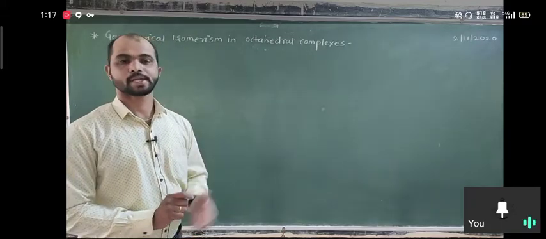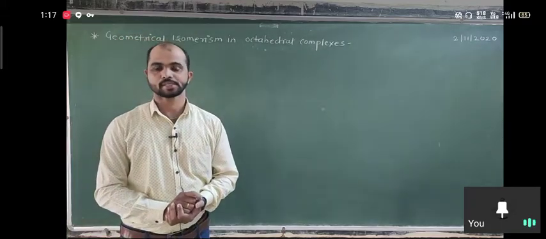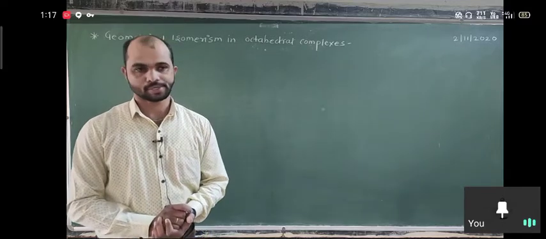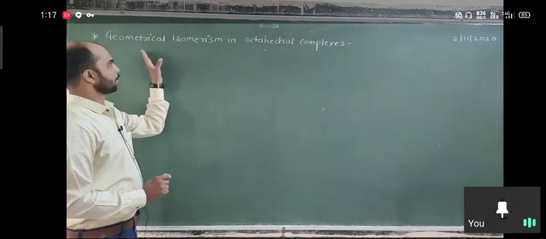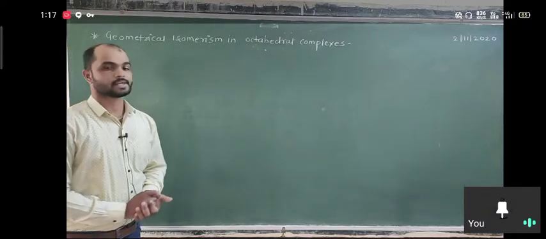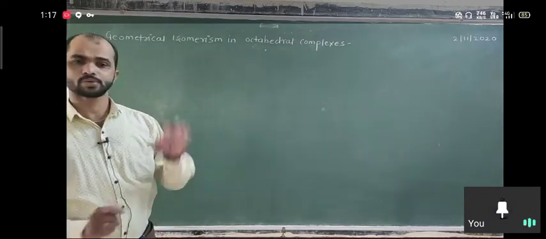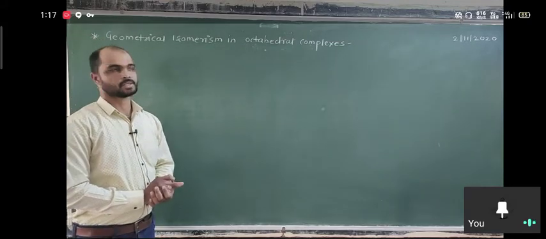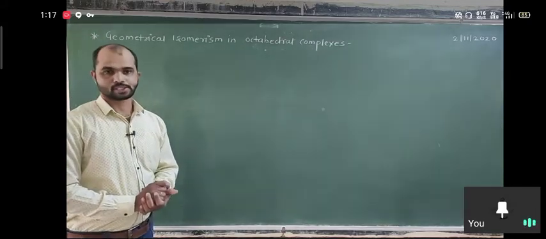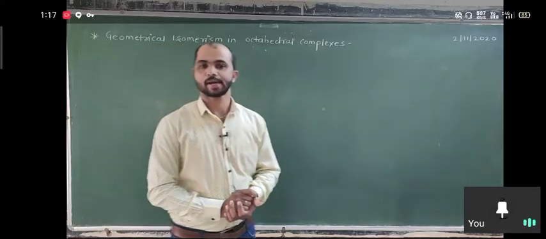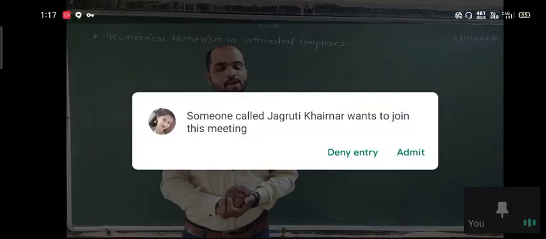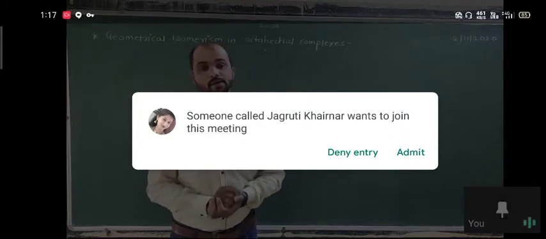So we move to the next: coordination number 6 complexes have octahedral geometry. So we are going to discuss here the geometrical isomerism in octahedral complexes. When we discuss this topic, there are a number of conditions, because here 6 ligands are attached to the central metal atom or ion octahedrally, at the octahedral corners.